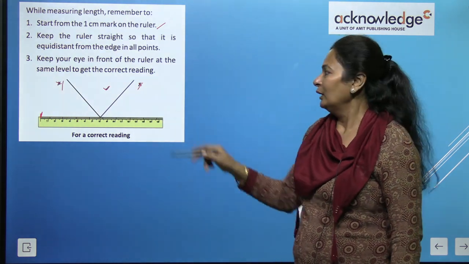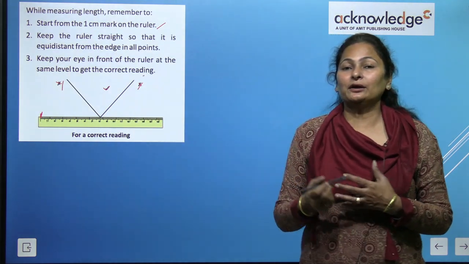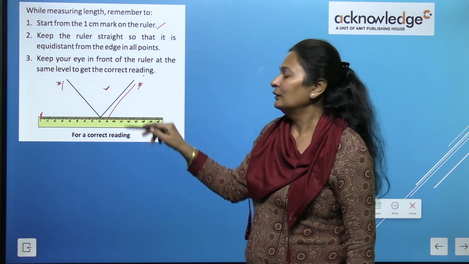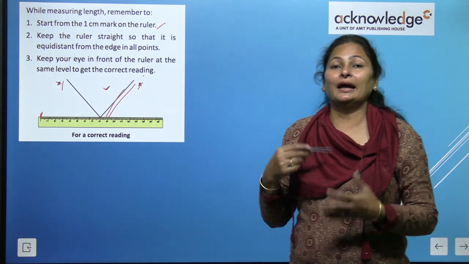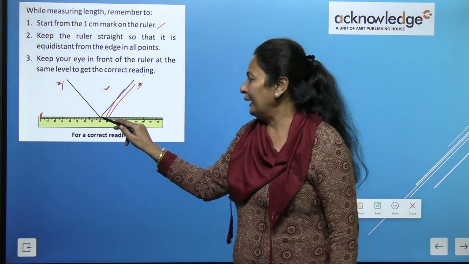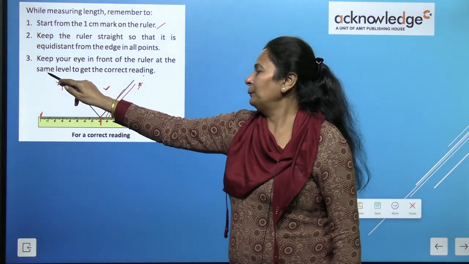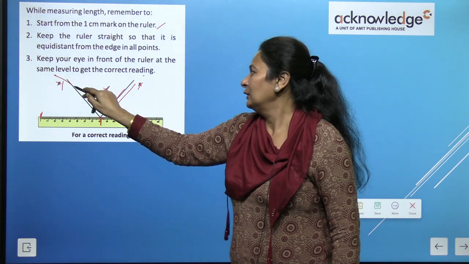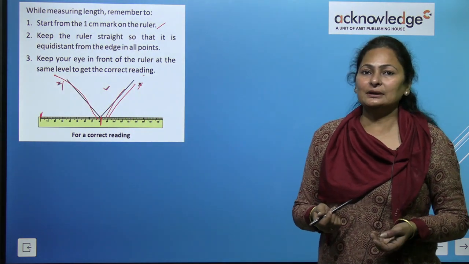Why are these wrong? A person is measuring from here, right? So it could be different. Maybe he is saying it is 9 centimeter, right? Maybe it is 8.5 centimeter, but in actual it is 8 centimeter, right? Similarly, a person is measuring from this position, maybe it could be 7.5 or 7 centimeters, right?